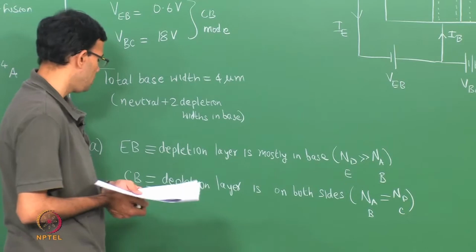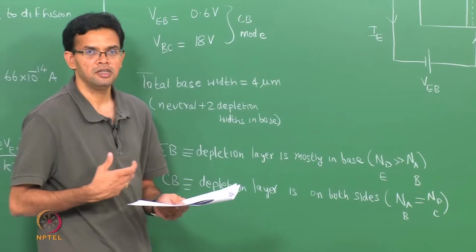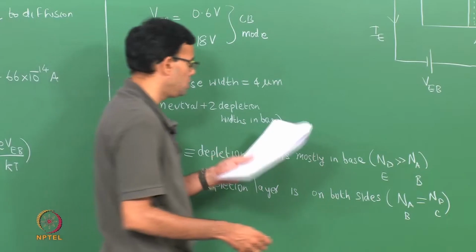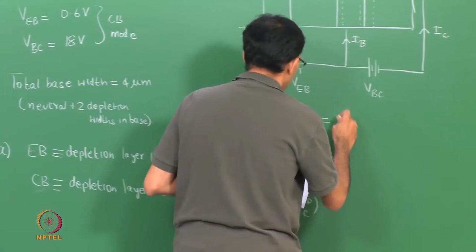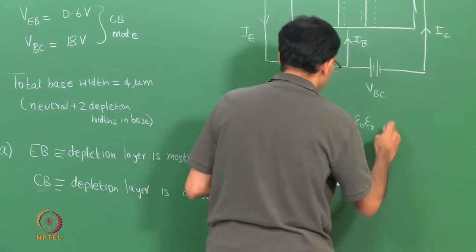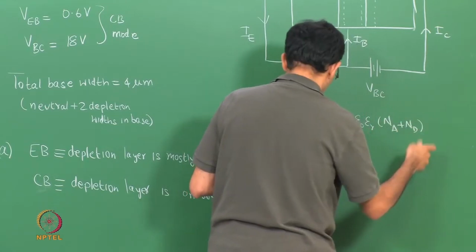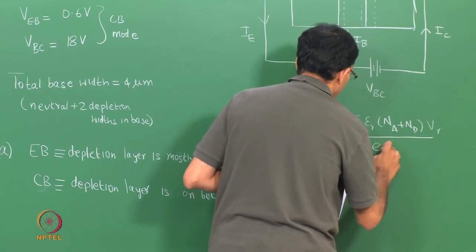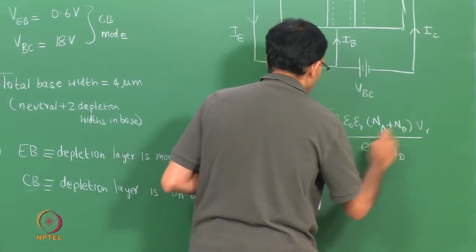So, let us look at the base and the collector region. This is essentially a region that is in reverse bias. Reverse bias tends to increase the depletion width, so that WBC is given by the square root of 2 epsilon naught epsilon r, NA plus ND, times the total voltage Vr, divided by e NA ND.